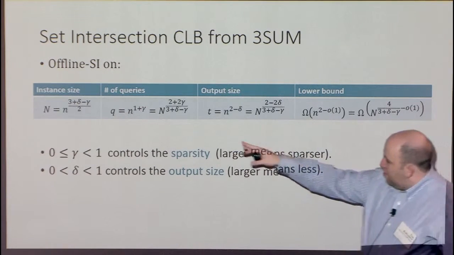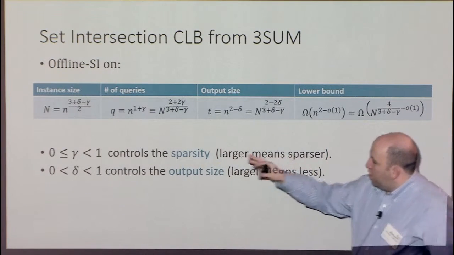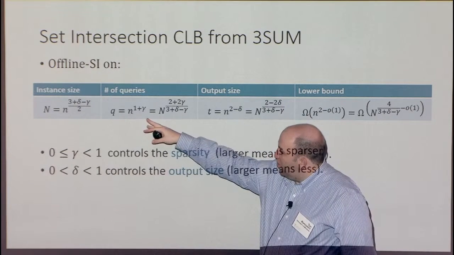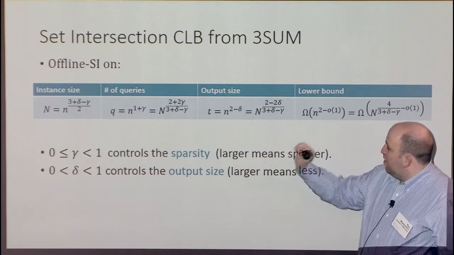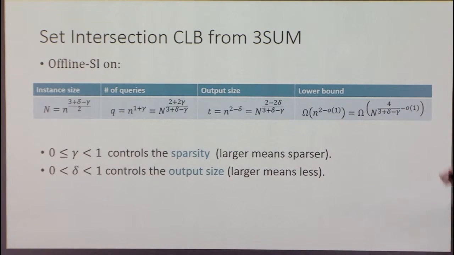So the instance size is lowercase n to the 3 plus delta minus gamma over 2. The number of queries that we want to answer is n to the 1 plus gamma. The size of the output is n to the 2 minus delta, and we get this lower bound. You don't have to really absorb this now. This is just to remember that capital N, Q, and T are parameters that we might care about.